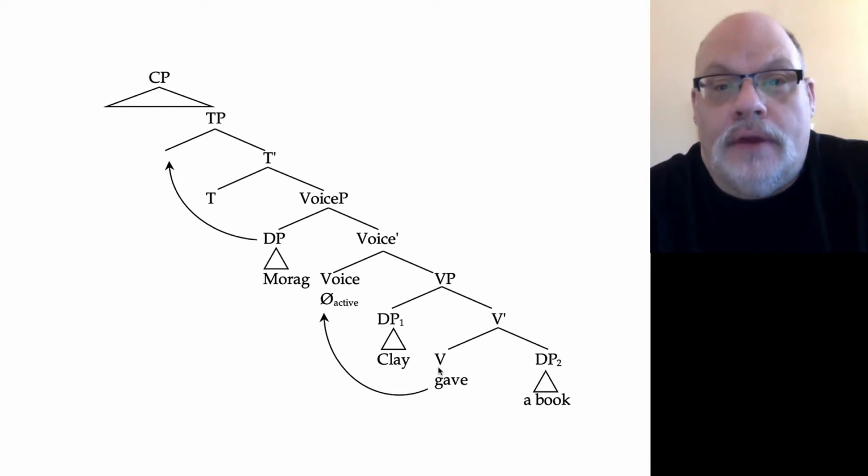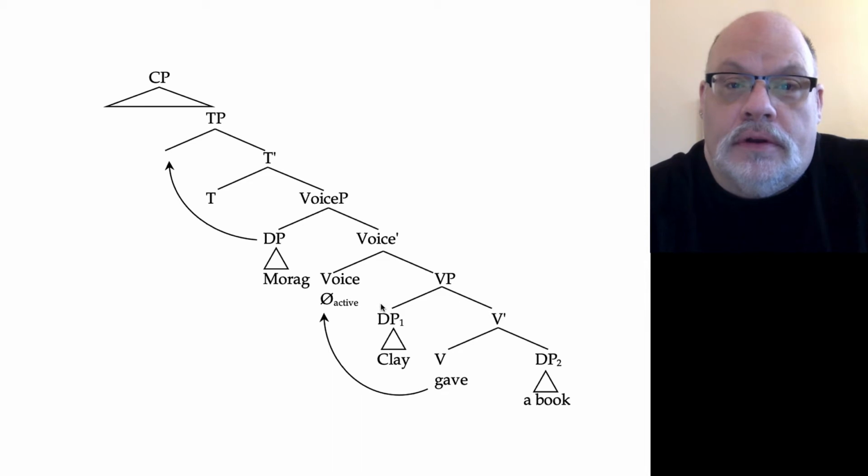And the two new things we added were that we put the goal in the specifier of this verb phrase, and we proposed there was a rule of short verb movement, which moved the V into the voice head in order to get the correct word order, gave Clay a book.